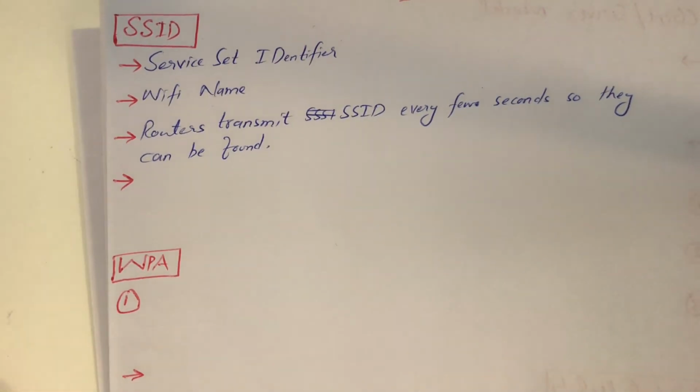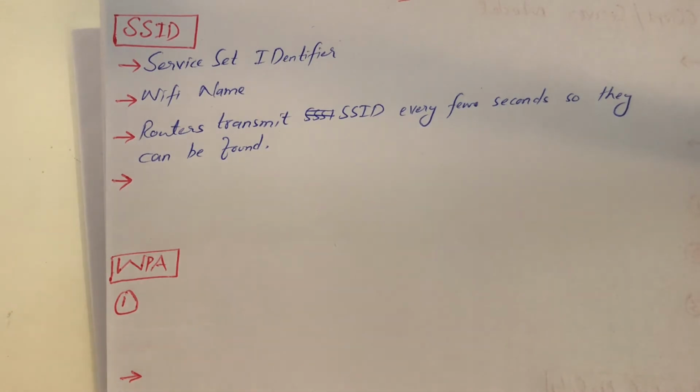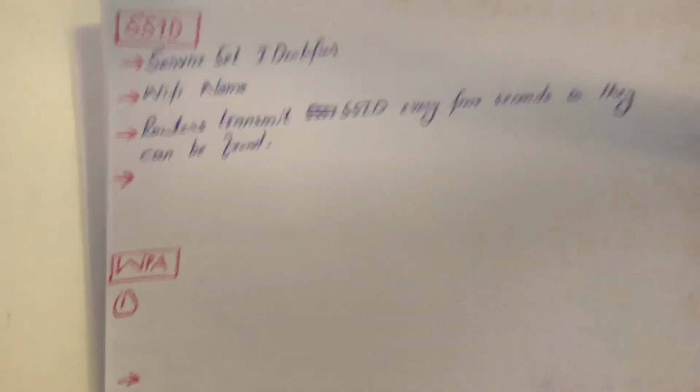Very important thing. For example, if all your legitimate devices, once they get connected with your access point or with the local area network, then transmitting of SSID becomes unnecessary because your devices, they remember the SSID.